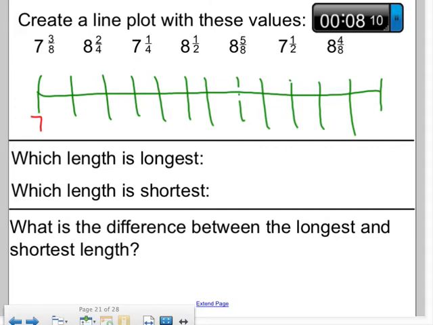So let's start counting. Ready, set, here we go. 7 1/8, 7 2/8, 7 3/8, 7 4/8, 7 5/8, 7 6/8, 7 7/8, 8.